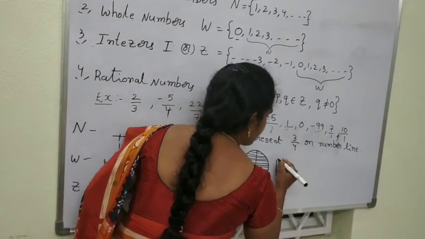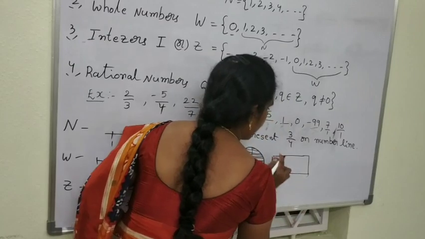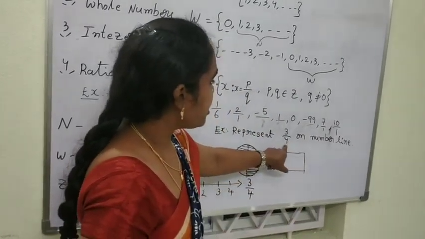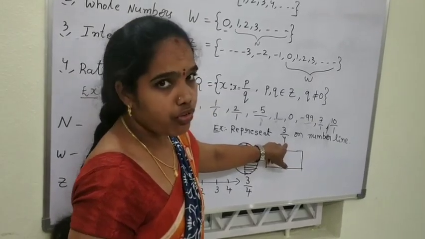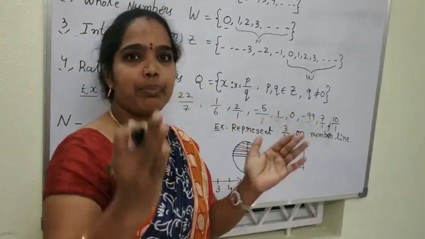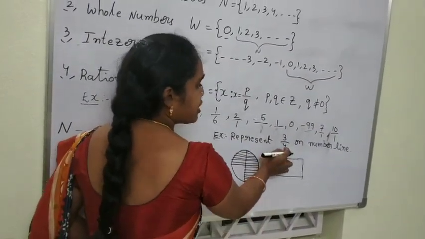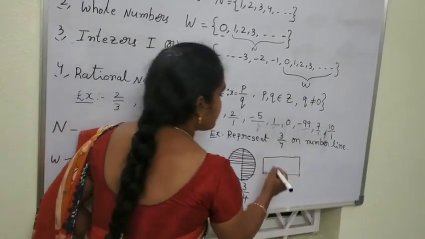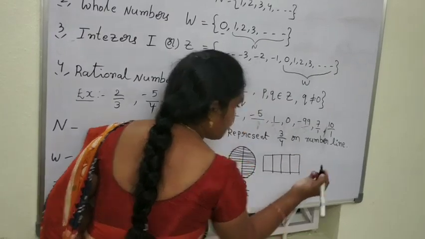One more way is there for pictorially. What is it? Suppose I am taking a rectangle. If you want to show 3 by 4 in this rectangle, what is the denominator? 4. So we have to divide the total picture into 4 parts. So this is the total picture. Into how many parts do we have to divide it? That is the denominator. So the denominator is 4. That's why we have to divide into 4 parts.